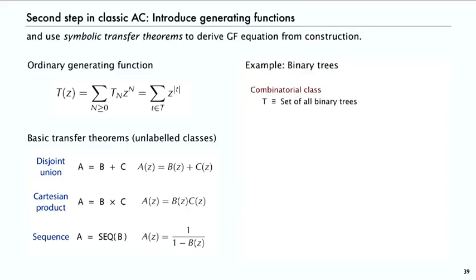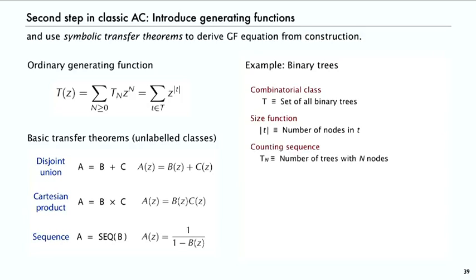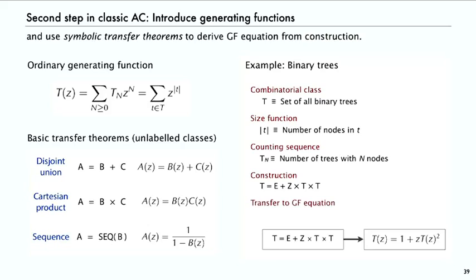So for example, for binary trees, our combinatorial class is the set of all trees, and the size function, the absolute value of t notation, is the number of nodes in t. So what we're interested in is the counting sequence, the number of trees with n nodes. And from this very basic information, the construction that I showed on the last slide immediately translates to a generating function equation.